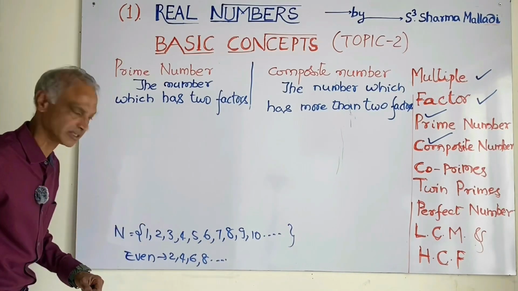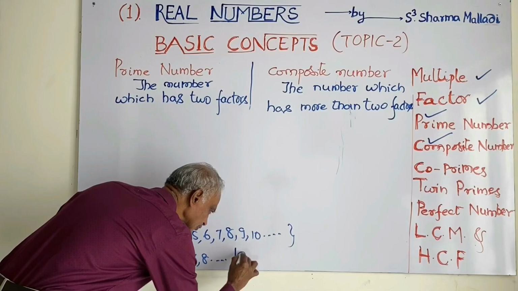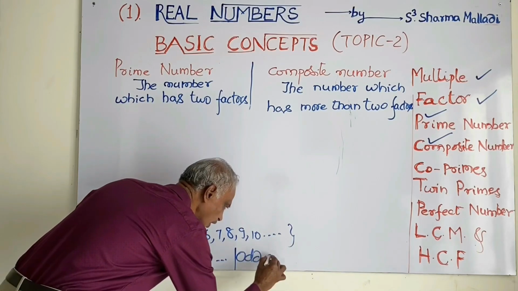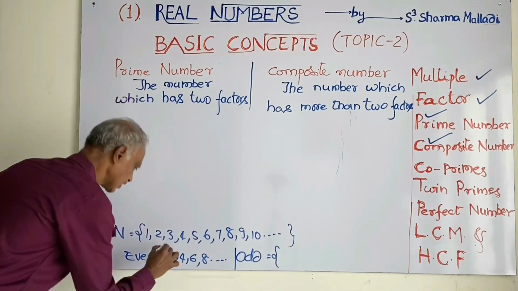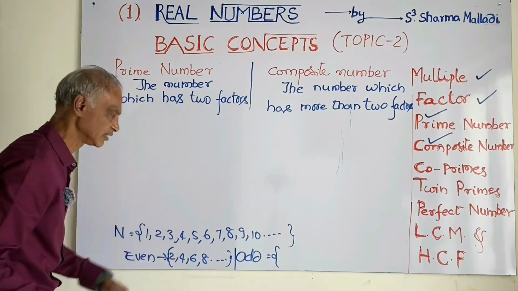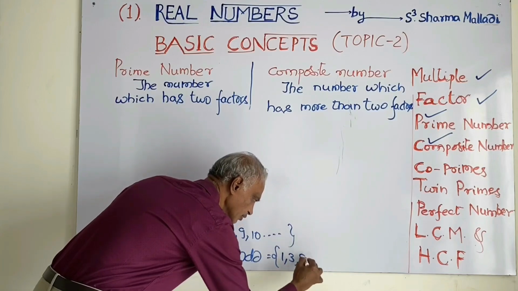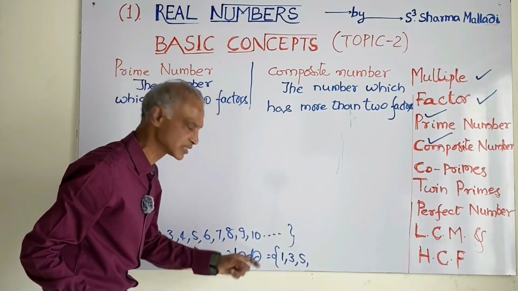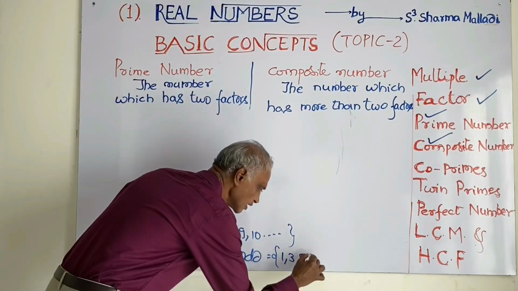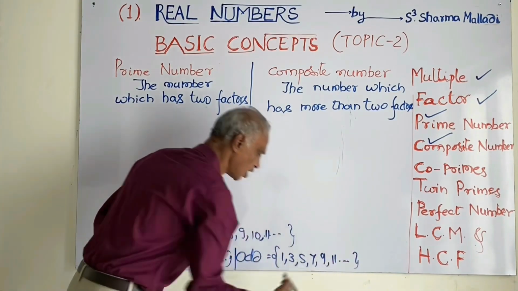These are even numbers. What are odd numbers? 1, 3, 5, 7, 9, 11. These are called odd numbers.